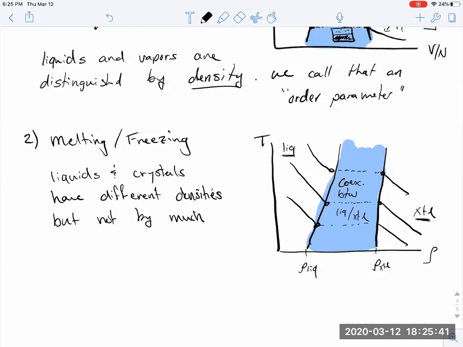If I take, say, methane and freeze it, its crystal will have a higher density than its liquid. But you all know that ice floats, and that's because when I freeze water, ice has a lower density than liquid water. So density doesn't act in the same way as an order parameter for liquids and crystals, or for the freezing transition. It's something a little more subtle.